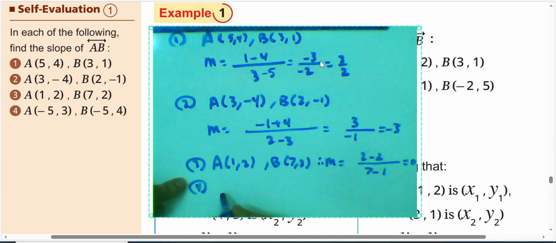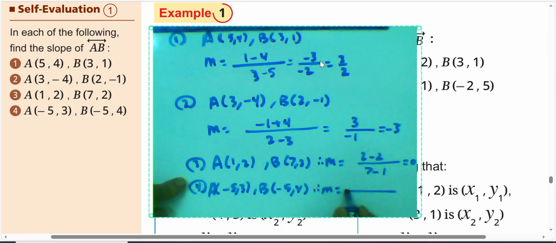Question number 4. He gave me point A (negative 5, 3) and point B (negative 5, 4). Then the slope will be equal to 4 minus 3 over negative 5 minus negative 5, which is negative 5 plus 5. The result will be 1 over 0.